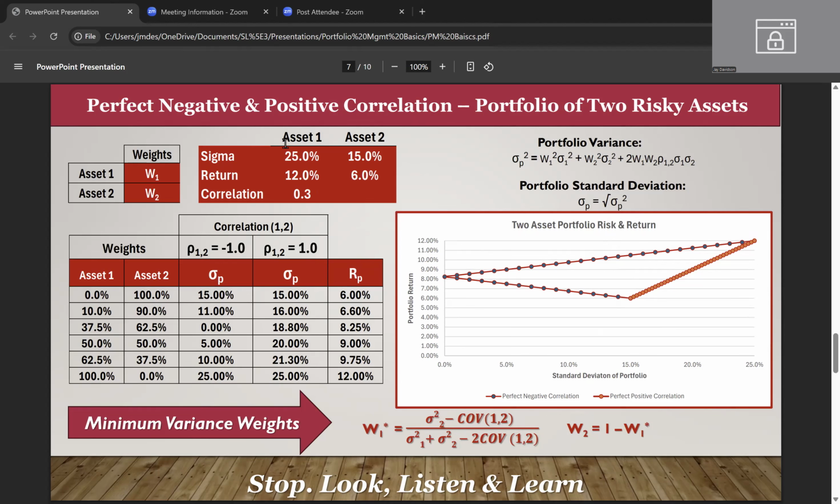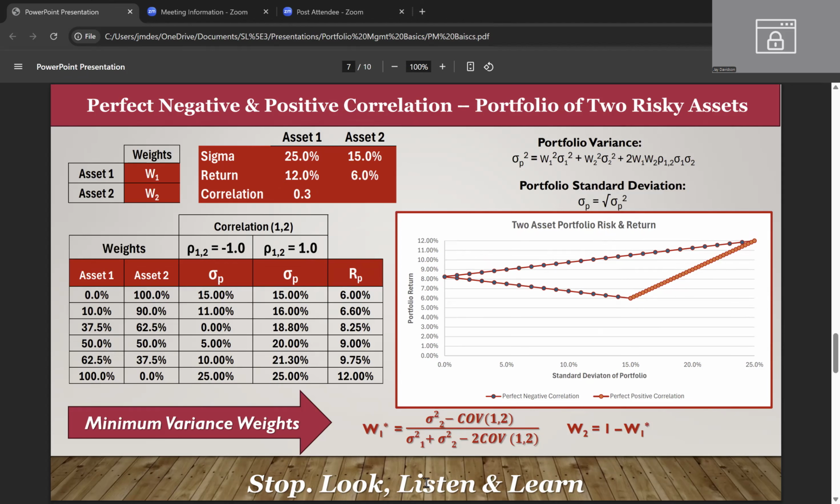If the return on asset one declines by 5%, then the return on asset two will also decline by exactly 5%. So they're perfectly positively correlated. They move in lockstep, right? And so when that is the case, you do not get any benefit by combining them. So there's no diversification benefit.